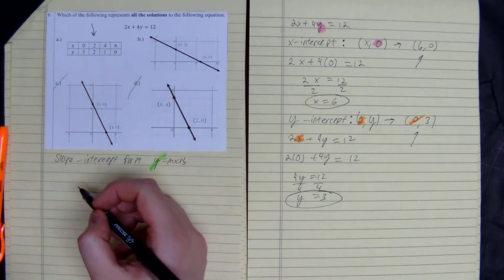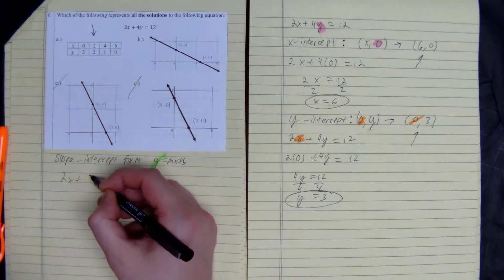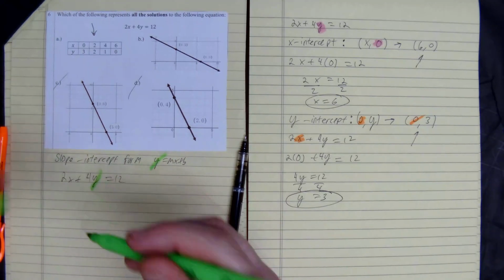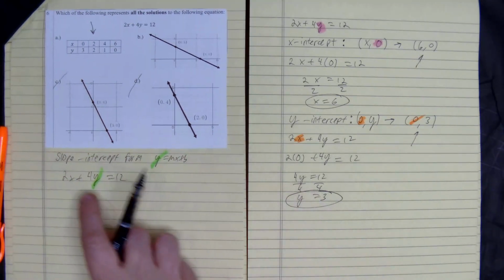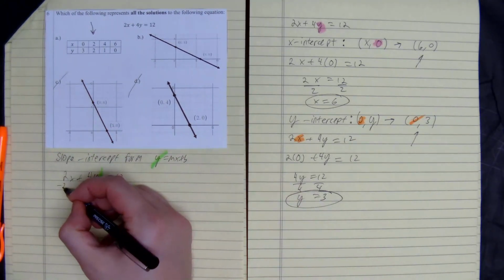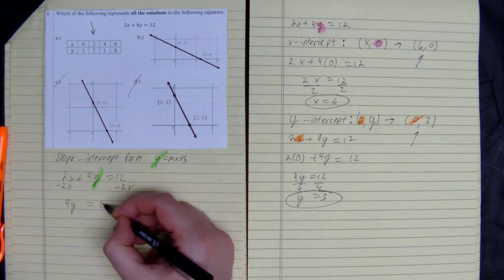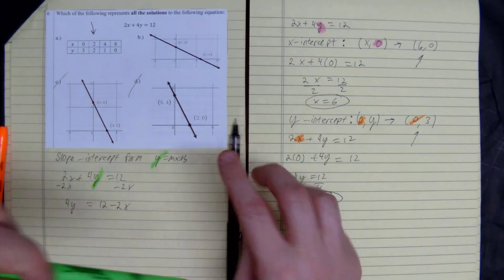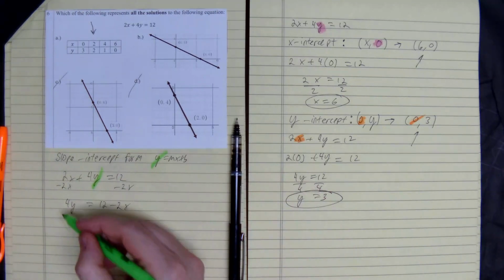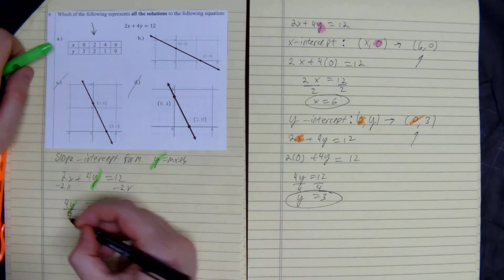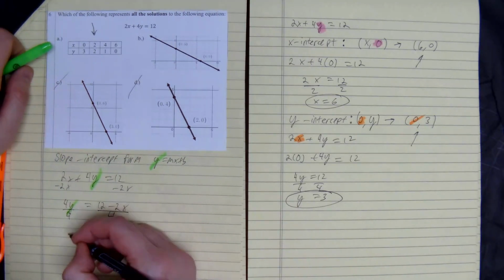So we get right here our equation 2x plus 4y equals 12. We're trying to get y by itself. First step, subtract 2x from both sides. 4y equals 12 minus 2x. We can rearrange that later. Still, that's not isolated. So we divide by 4, both sides.